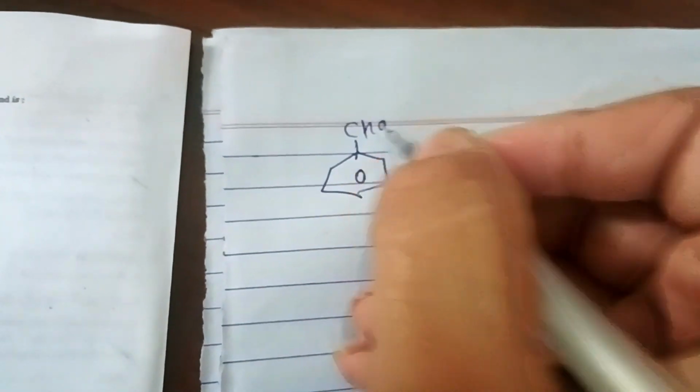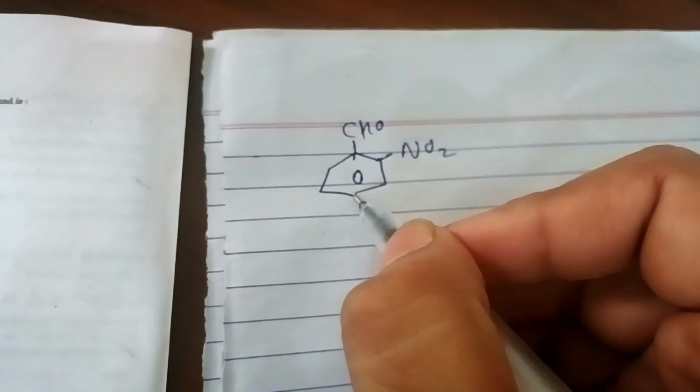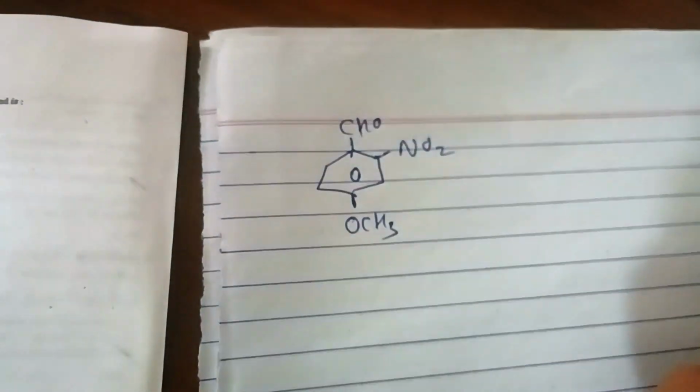Here CHO, which is the aldehyde group, and there is a nitro group and a methoxy group here.